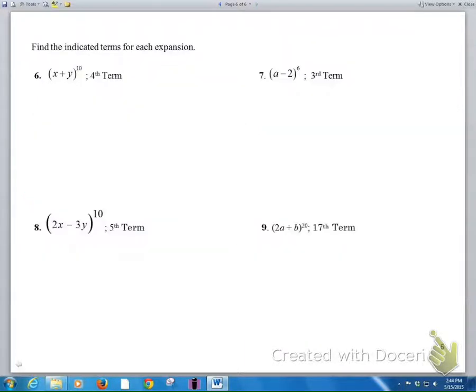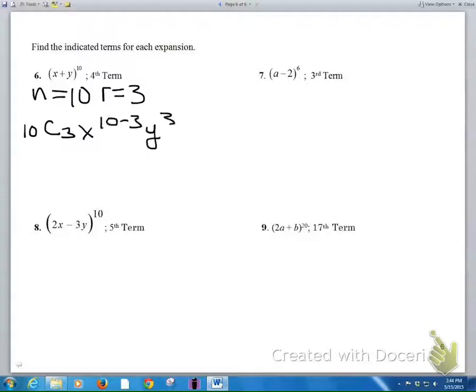So if you want the fourth term here, r is going to be 3. So n is 10, r is 3. So you've got 10C3, and you've got x to the 10 minus r times y to the r. So r is always the exponent on the second term.